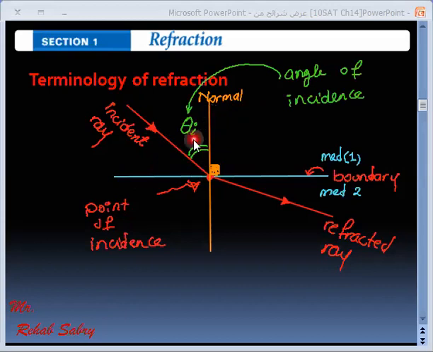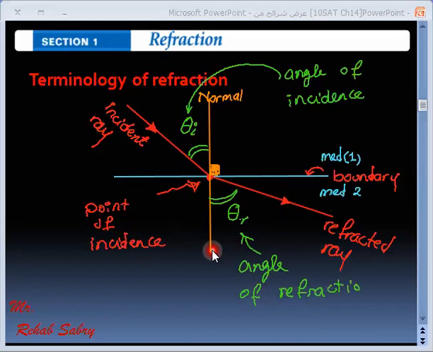In the same way, it's the angle between the refracted ray and what? The boundary? No, the normal. Okay, so it will be this angle. This is the angle theta R, which is the angle of refraction.